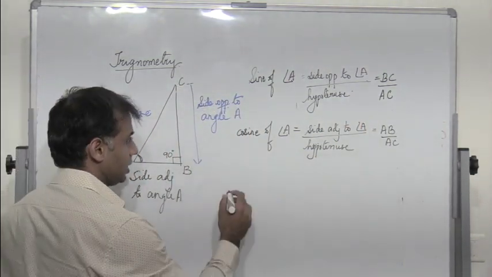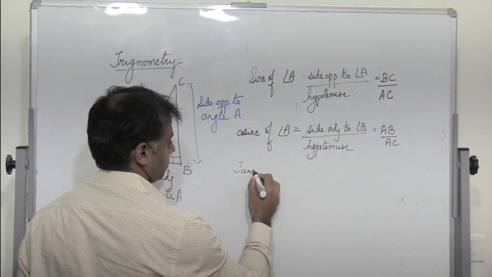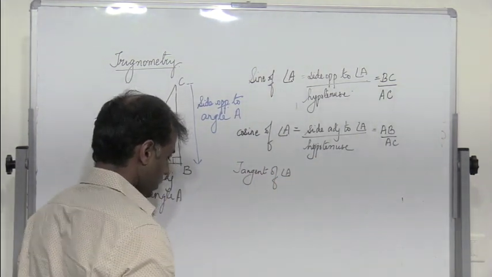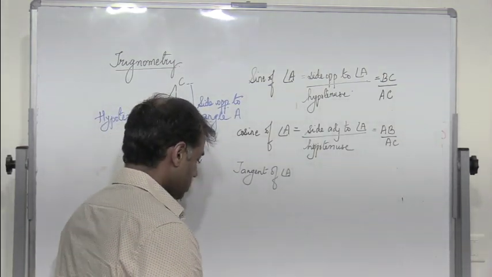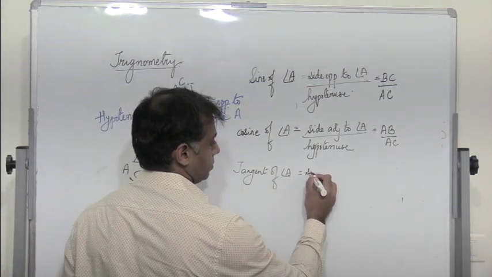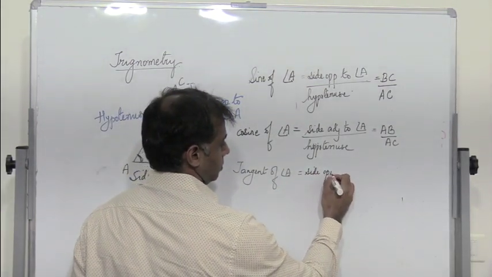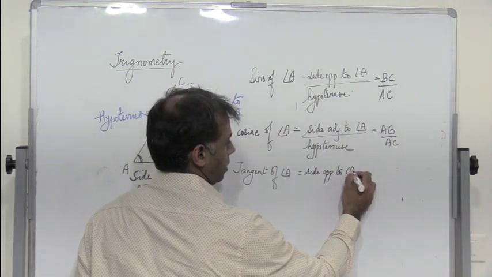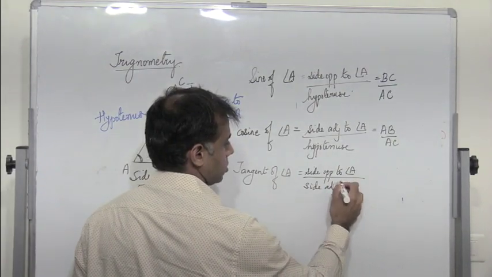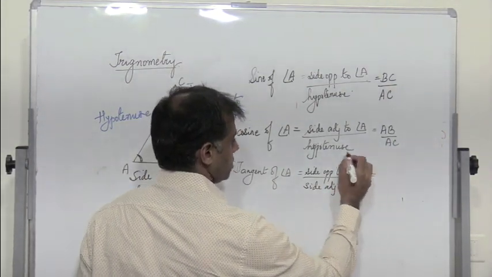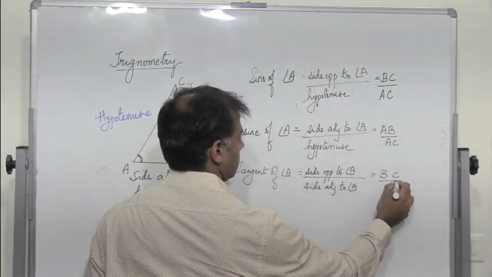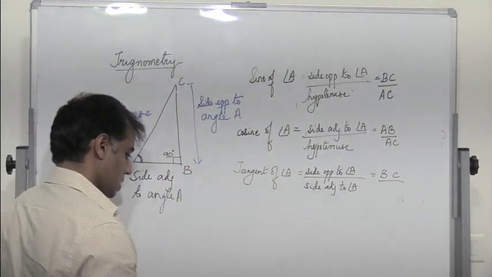So next we have the tangent of angle A. The tangent of angle A is the side opposite to angle A divided by the side adjacent to angle A, which is the opposite side BC divided by the adjacent side AB.